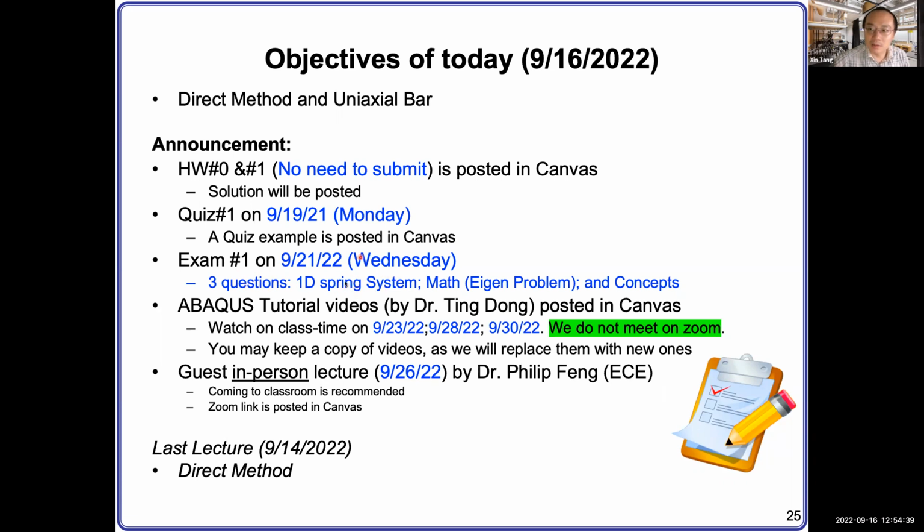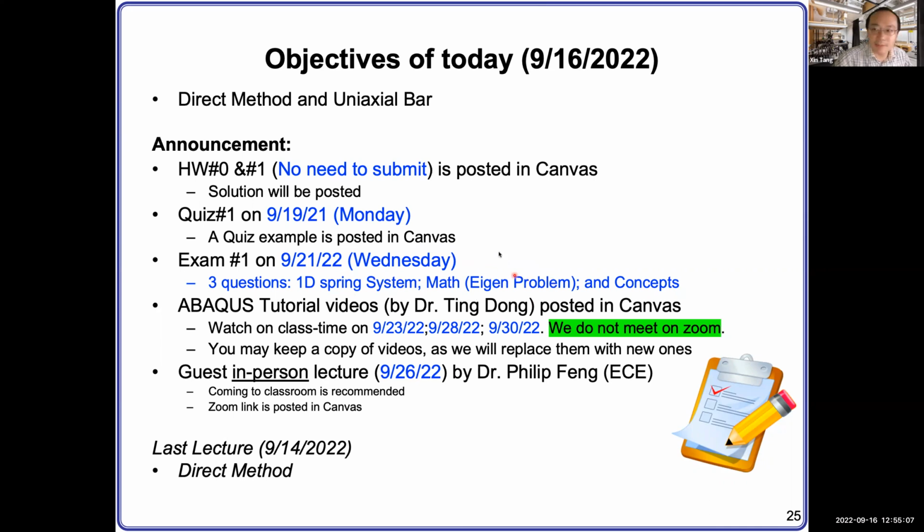If you can do the homework well, we have homework number 1 with 1D spring system questions, and in the class we have the example of a 1D system question, and we have the solution for that. If you can do those problems independently, then you should be fine. So this is one question.